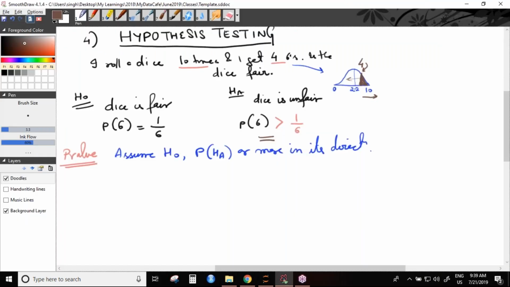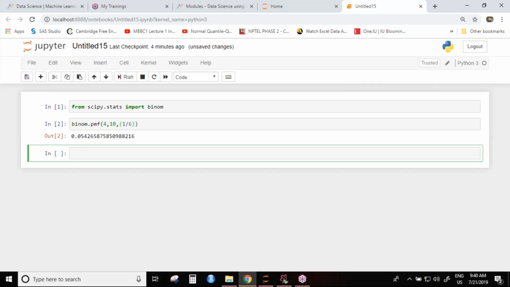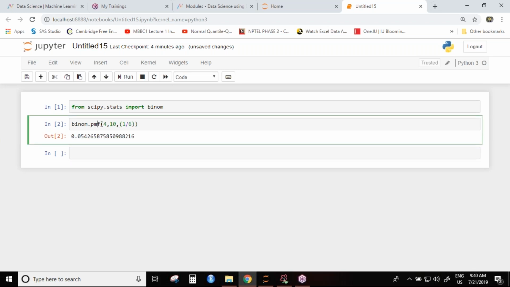Then I'll write the value of n, which is 10 because I'm rolling it 10 times, and then the value of p, which is 1 by 6. So this will give me the probability of getting 4 sixes when you roll a dice 10 times.